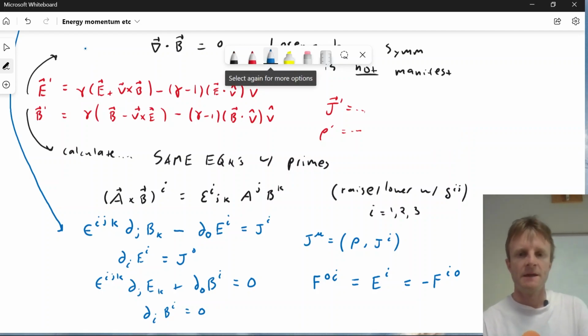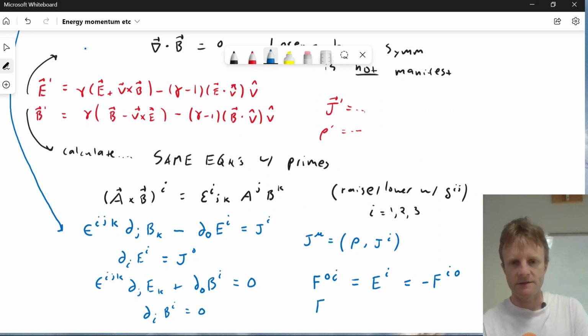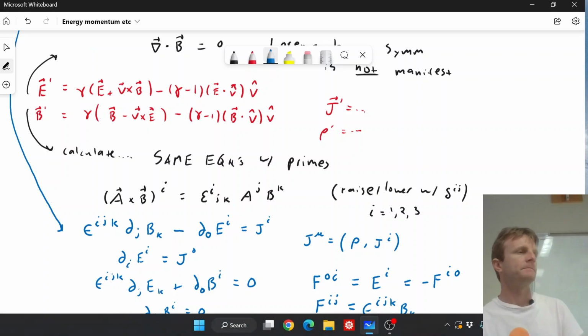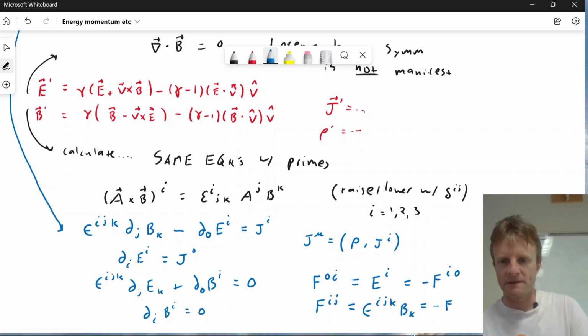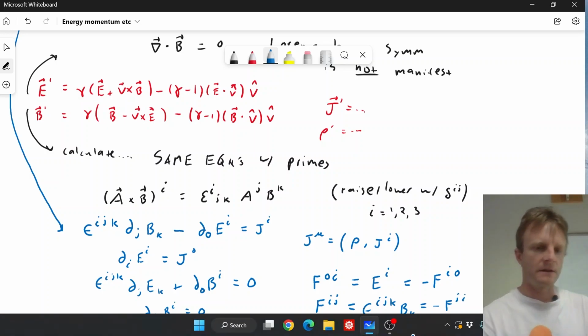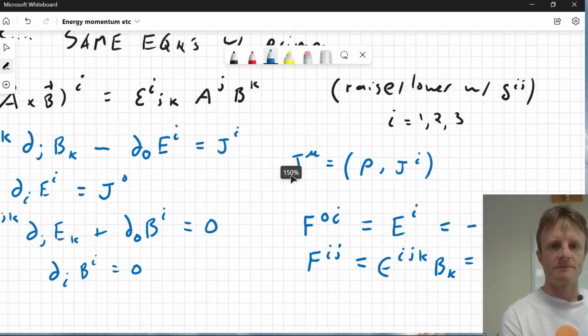Yeah, x mu just lists the coordinates. Okay, and then the funny components of B that I wrote down last time can be expressed as F upper ij is epsilon ijk Bk. And that is then also equal to minus Fji. So this now defines my field strength tensor F mu nu.